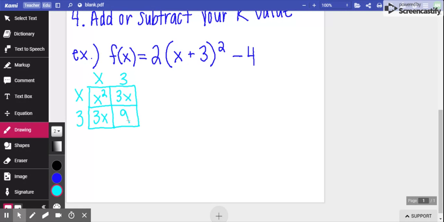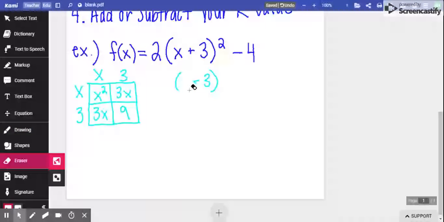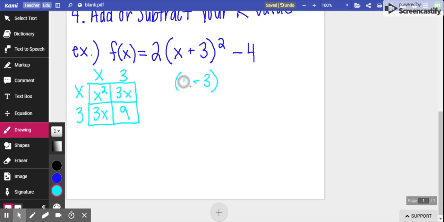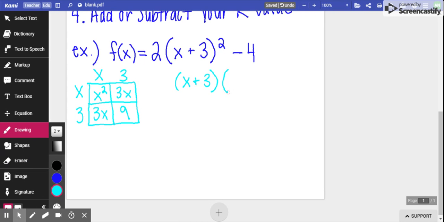If I FOIL, so x plus 3 times x plus 3. Our first gives us x squared.